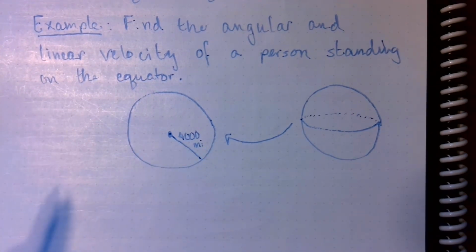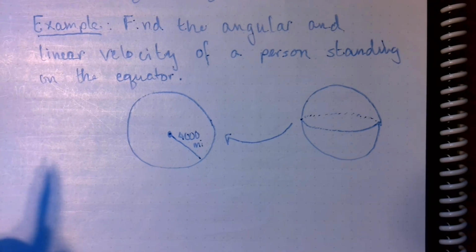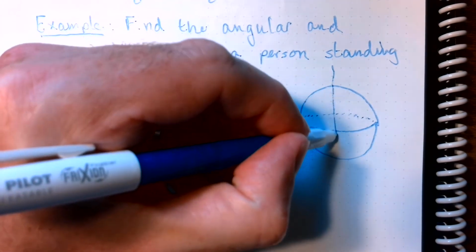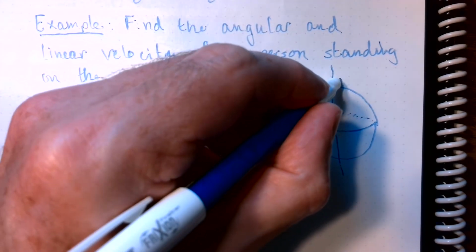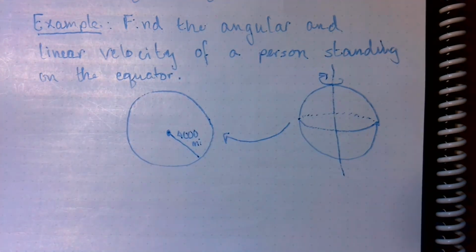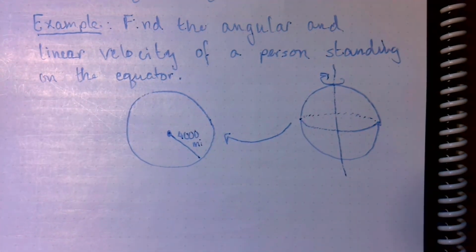Now we know that the Earth does one complete revolution in 24 hours. Okay, so of course we're thinking about the axis going through like that, and the Earth turns about its axis. It takes 24 hours to make that happen.